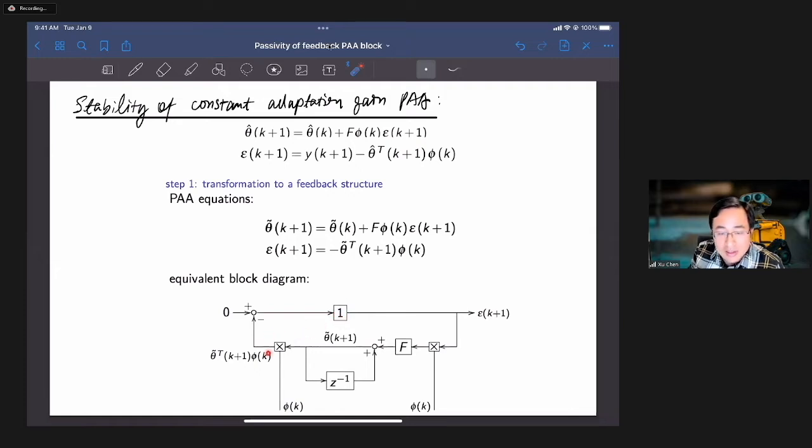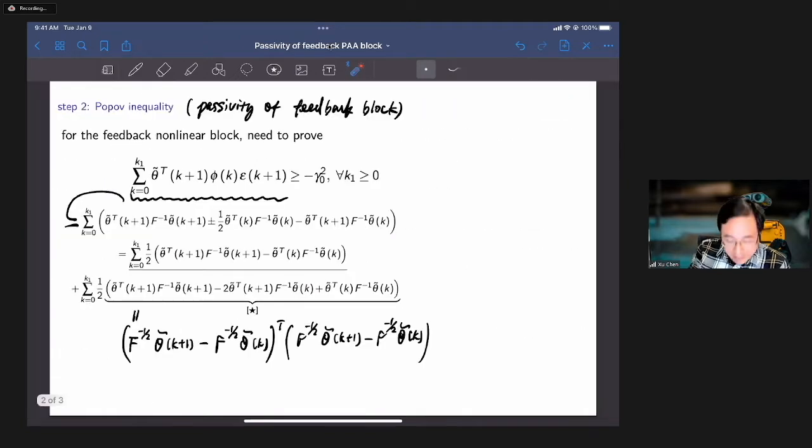And then the nonlinear block is characterized in this way. Where we ended up last time was that the bottom block can be shown to satisfy this Popov inequality. In other words, it is passive.